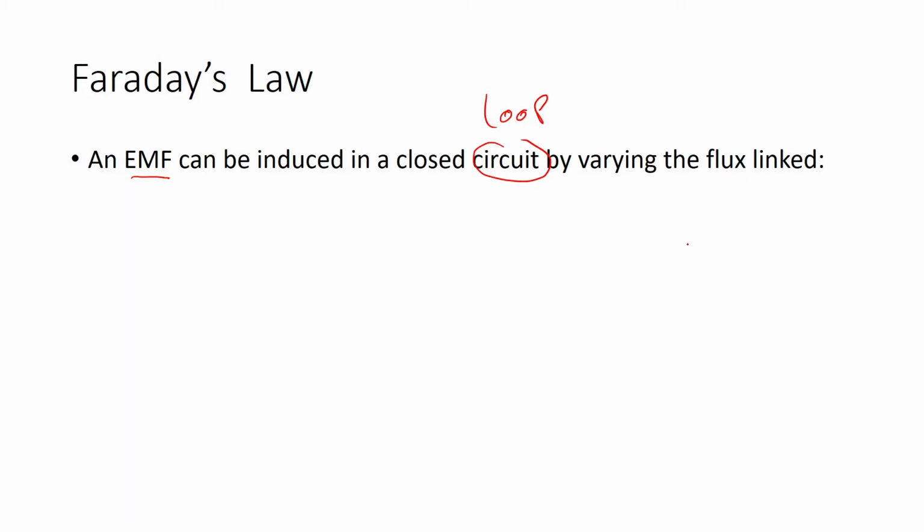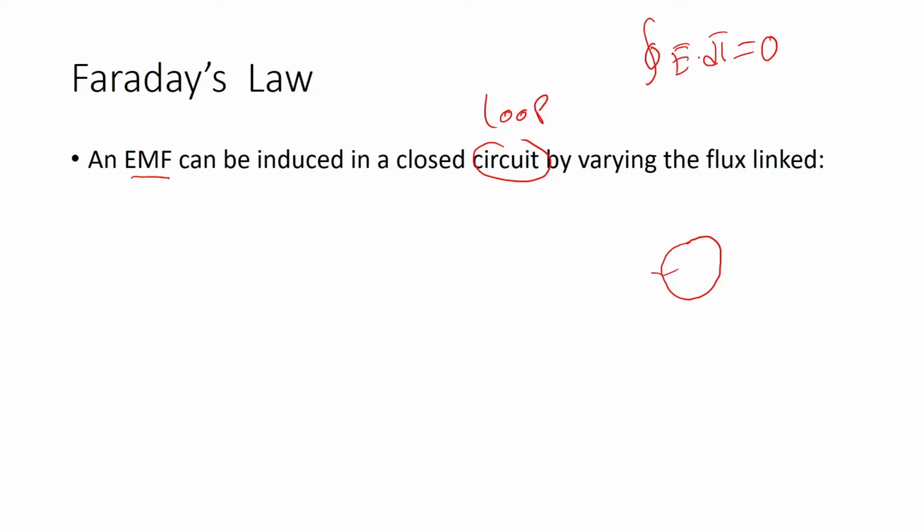Now if I am in a closed path, there should not be any energy required in moving an electron from here to here. In other words, the potential difference across a closed path is equal to 0. That is, the integral of E bar dot dl bar should be equal to 0 if it is a closed path.